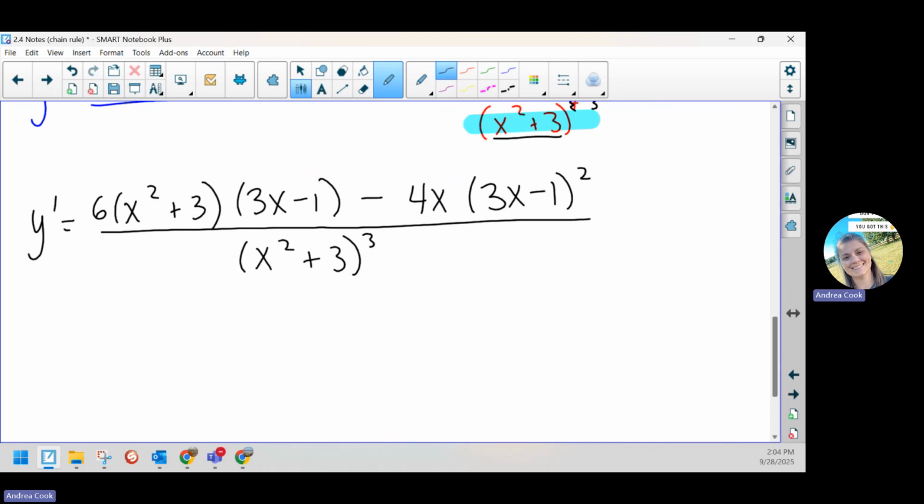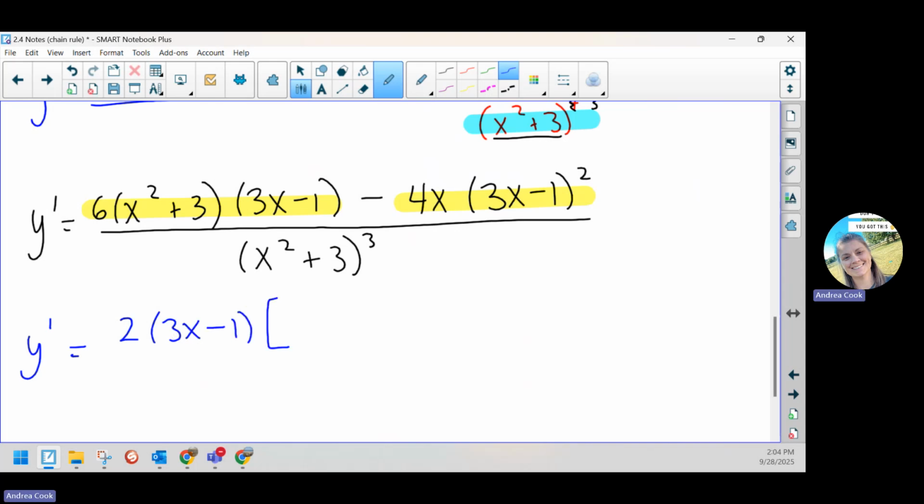So what I'm going to do next is I'm going to factor out a GCF from the top. So I'm looking at these 2 expressions in yellow, and I'm seeing what they have in common. So I see that they have a 2 in common, and then they have a 3x minus 1 in common.